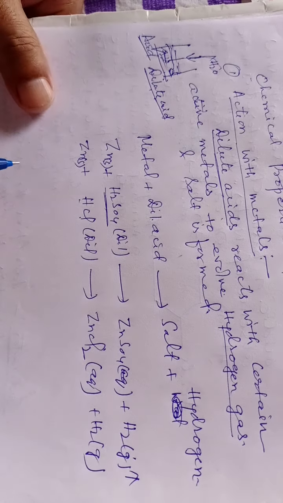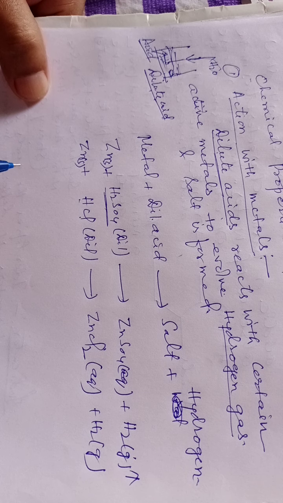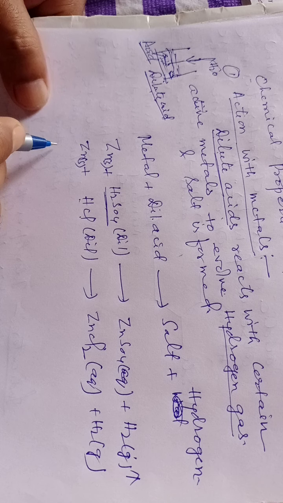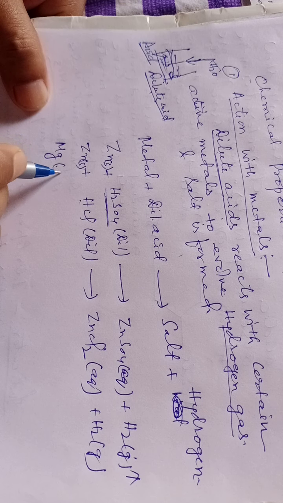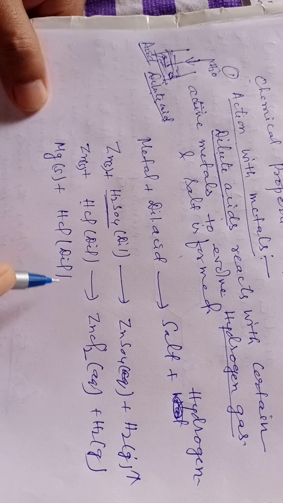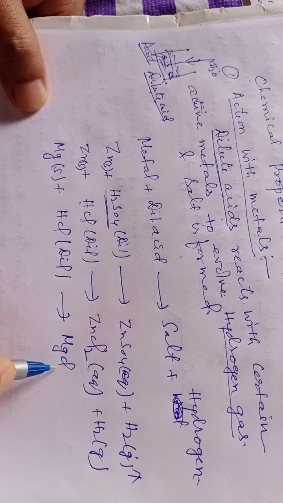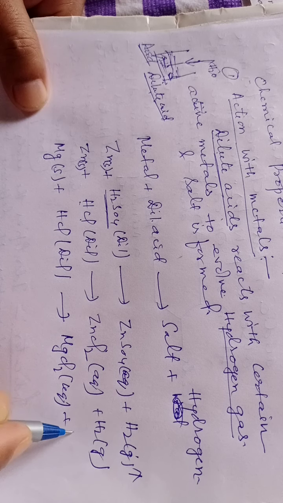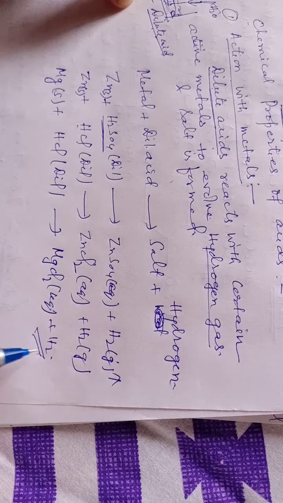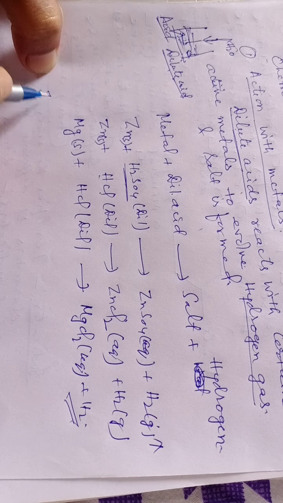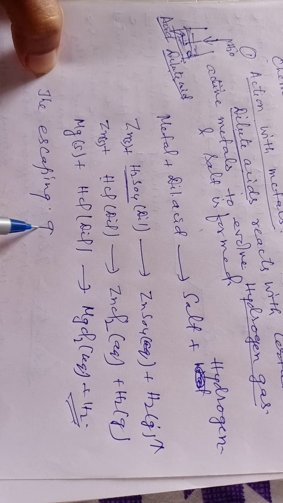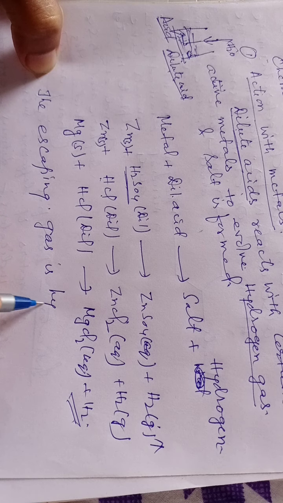Suppose magnesium plus HCl gives magnesium chloride plus hydrogen gas. Now the question is, how can we detect that the escaping gas is hydrogen?